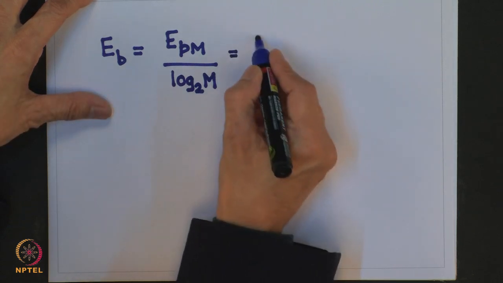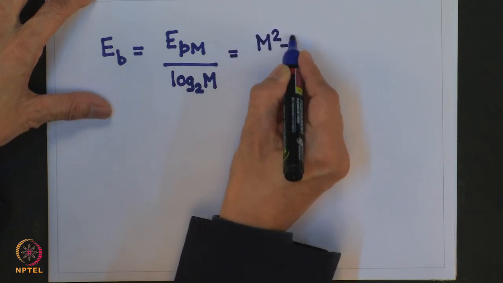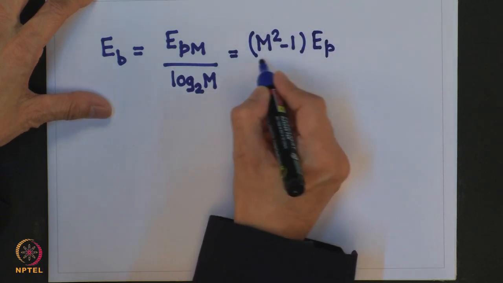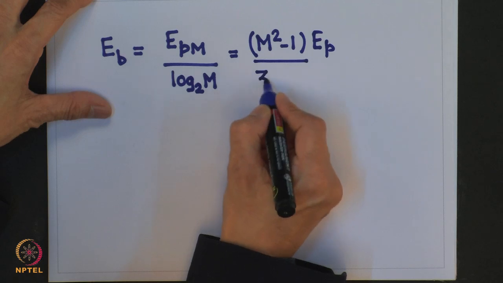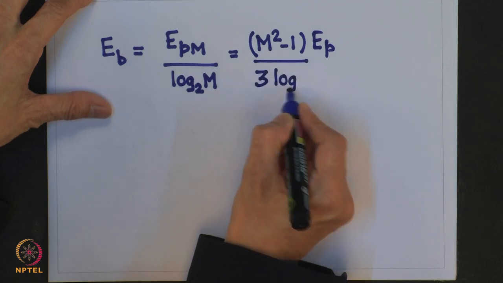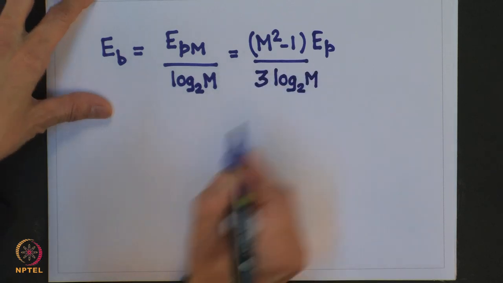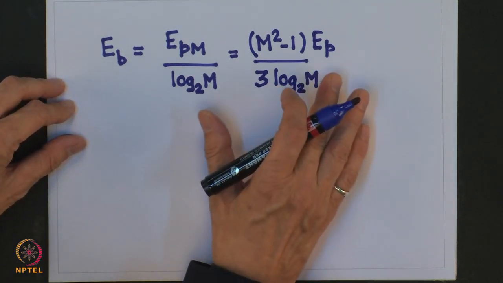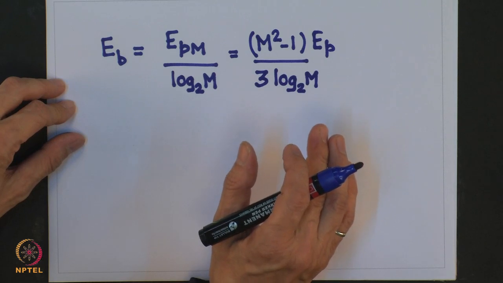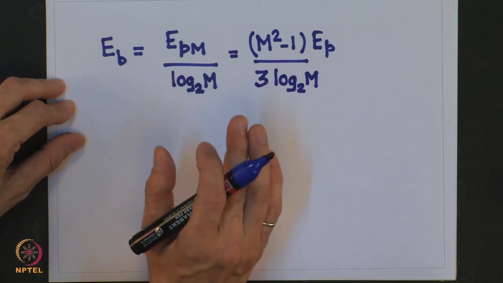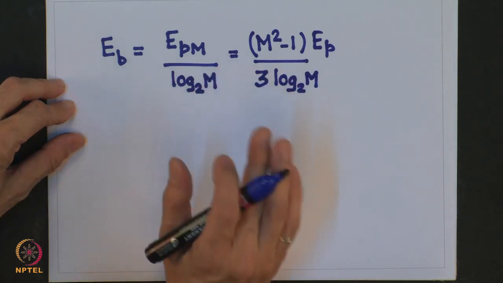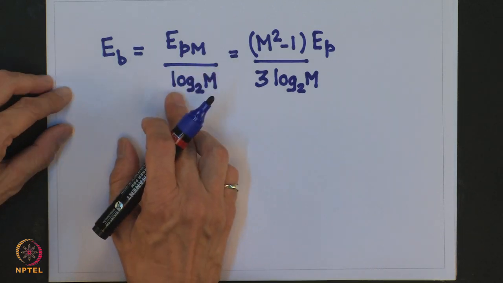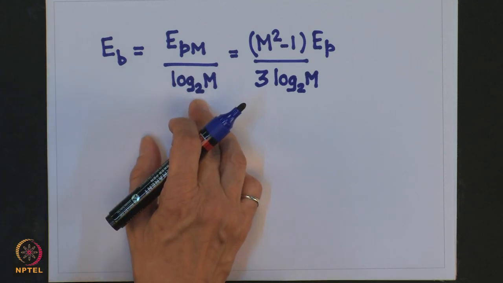So, this is equal to M squared minus 1 over 3 log M, times E_p. Now, it is important to note that for a given information rate, M-ary PCM bandwidth is less than that of the binary PCM by a factor of log of M to the base 2.